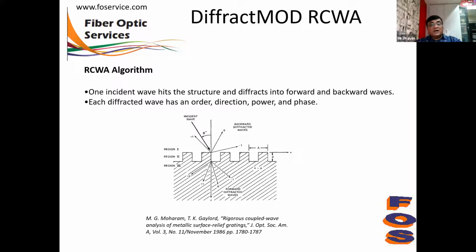Now, for the RCWA algorithm, every incident light, when it hits the structure, will diffract. We have the forward and backward waves, and each of these waves will have an order, direction, power, and phase.